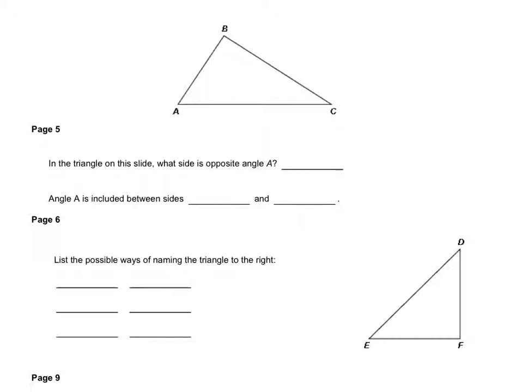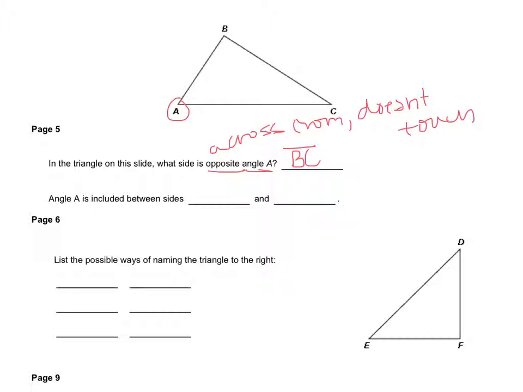So looking back at this triangle, I've cleared out everything that was written there. It's important to note that if I have angle A being this angle right here, the side that is opposite of angle A is side BC. Opposite means that it's across from and doesn't touch.